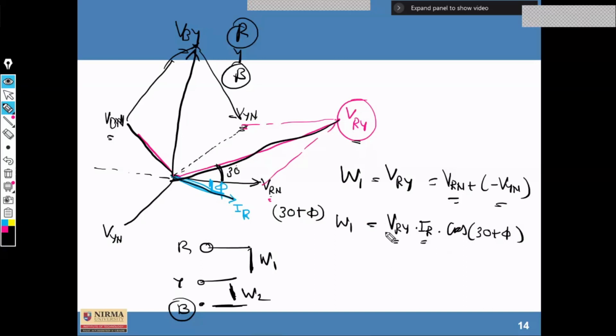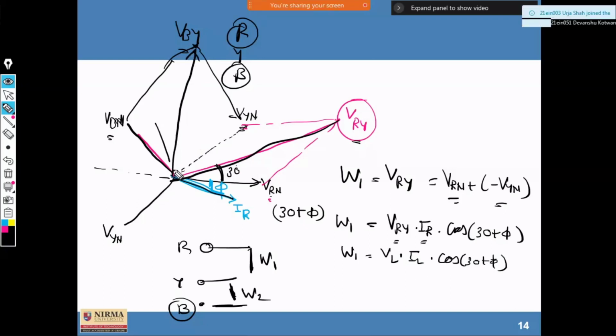So W1 will measure the power. VRY is the line voltage, so we can write VL. IR is IL, line current, into cos 30 plus 5. And similarly, if we derive it for this case, this is your VYB, and the current would be here.